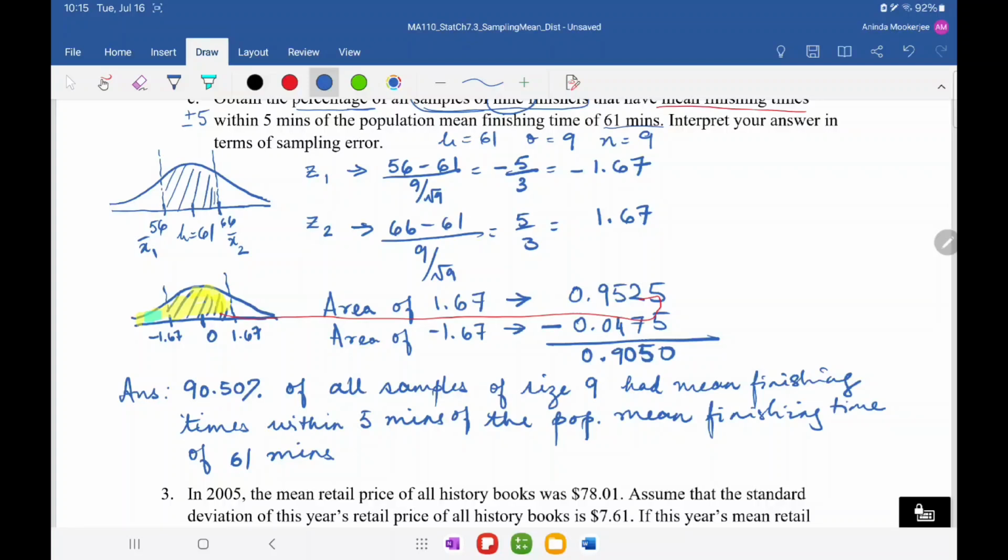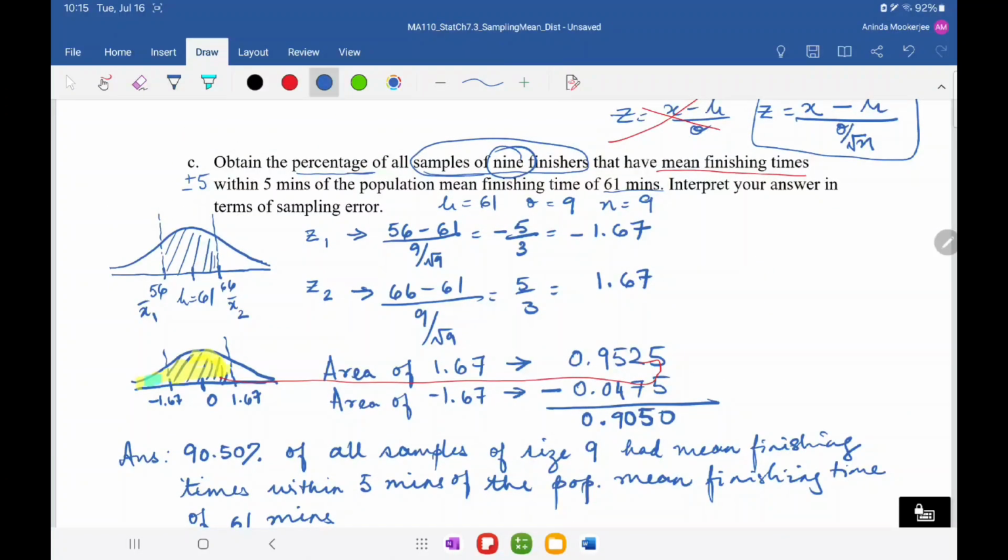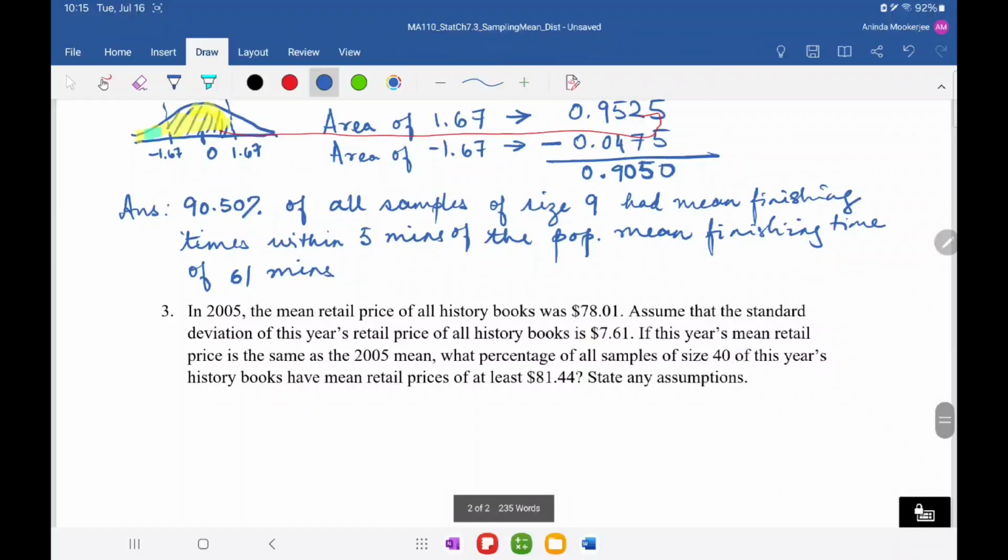Our observations are really sample means. All right. So whenever you are working with sample means, the formula of the z value changes slightly. Okay. So we'll do a similar question again below here. So we'll work through that question, which will give us a little more practice.